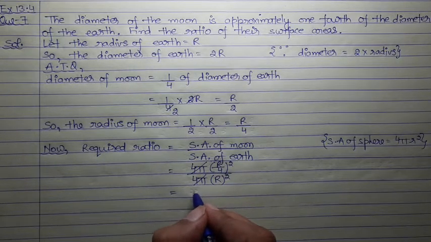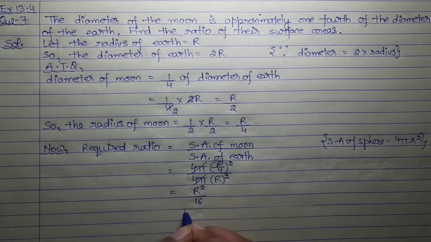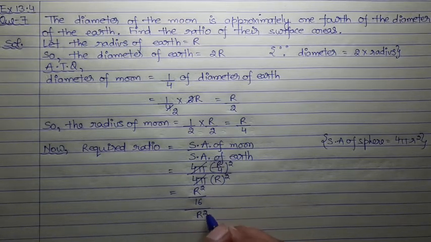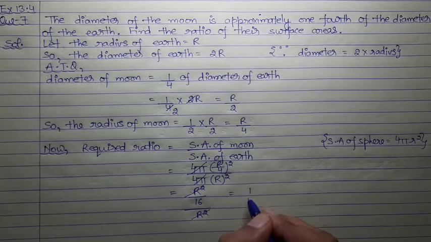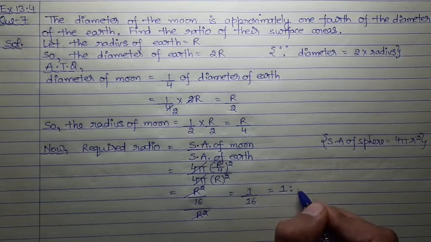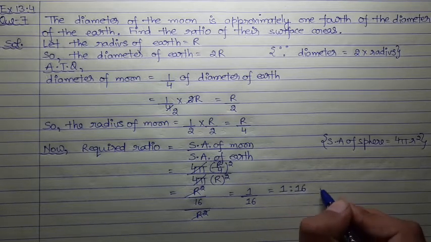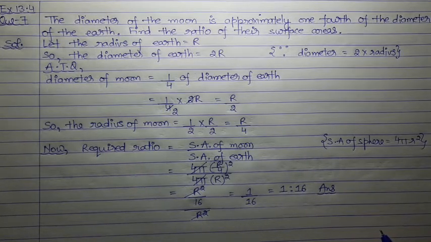Here R square over 16 over R square. Again R square will be cancelled out and we get 1 over 16, which is equal to 1 ratio 16, which is the required ratio of their surface areas.